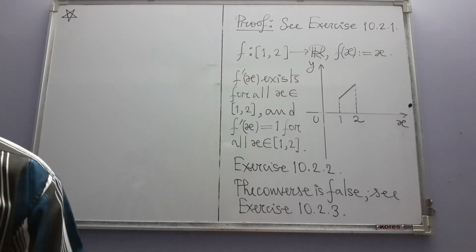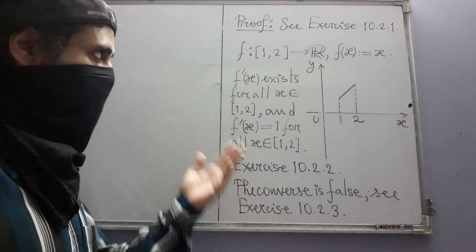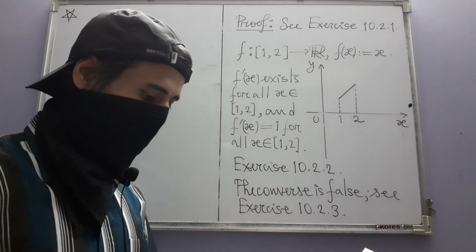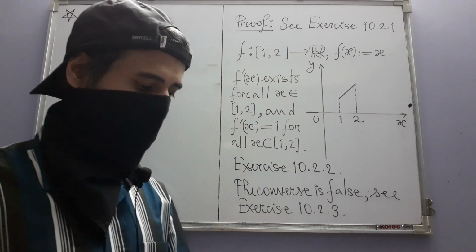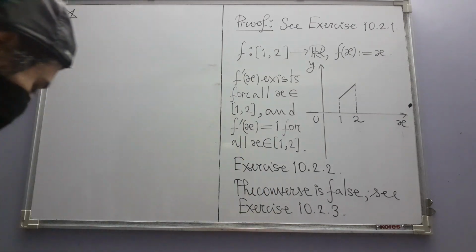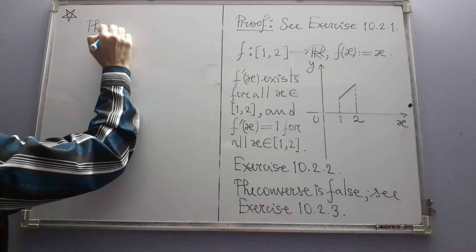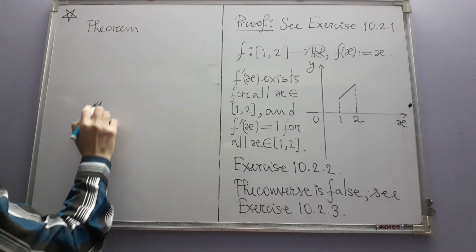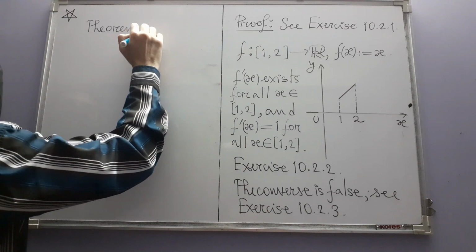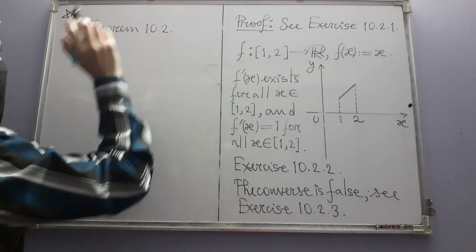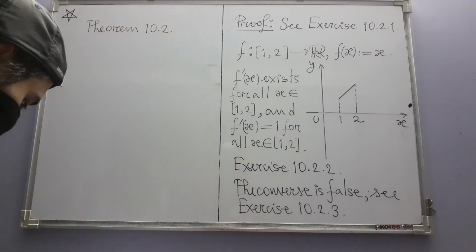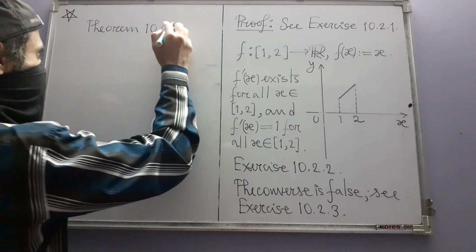If one combines that result with this proposition, one then gets the well-known Rolle's theorem. That is the next result. So this will be seventh item.